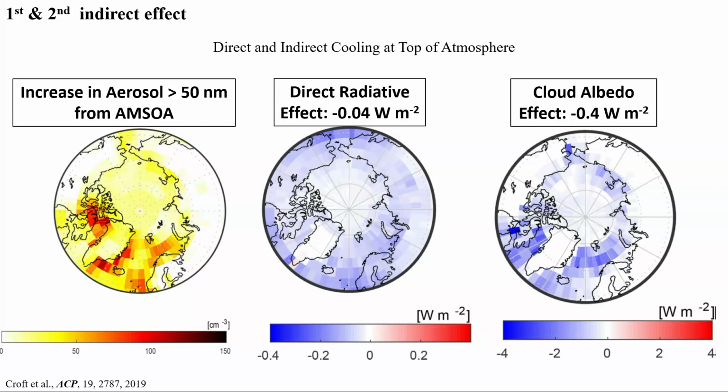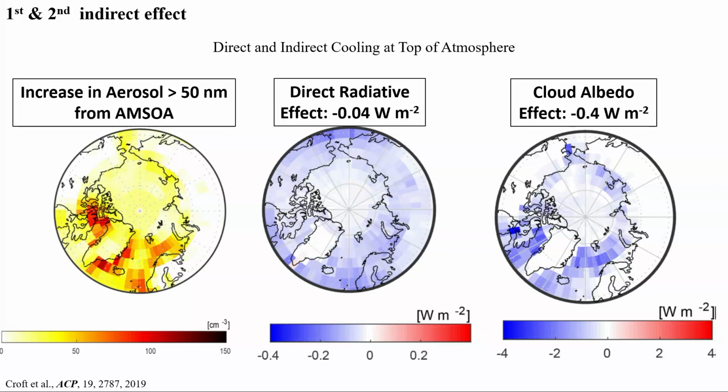So what happens, those secondary organic aerosols added, the backscatter of those secondary organic aerosols is what we call the direct effect of aerosols, and the backscatter is very weak.